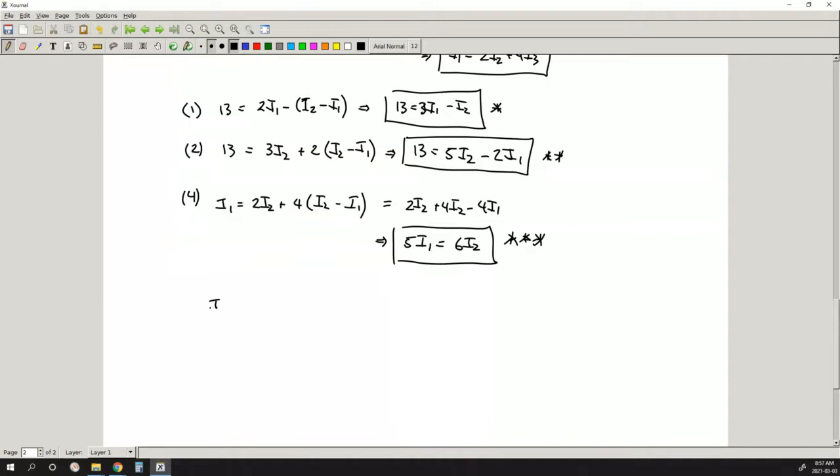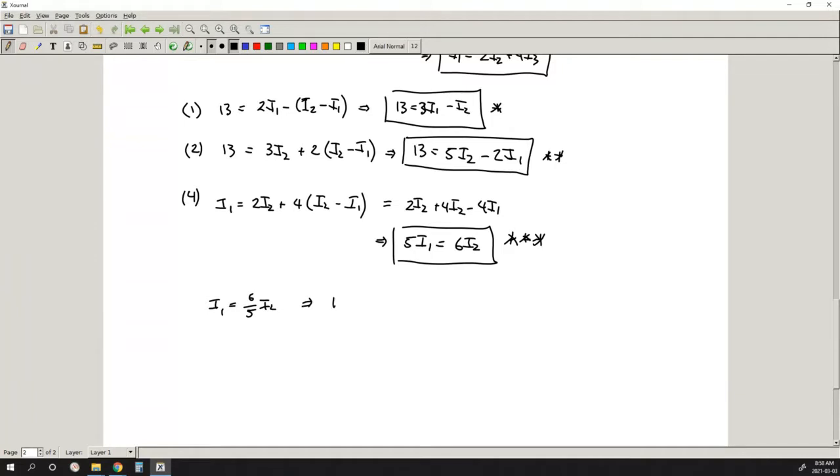If we just isolate I1, we'll have I1 in terms of I2. So we'll have I1 is equal to 6/5 I2, and then we can just plug this result that we got from our 3-star equation back into one of these. Let's say we put it into either one, it doesn't really matter.